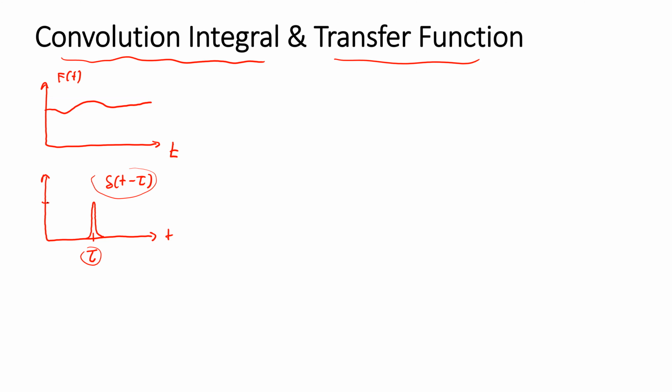But by definition of the delta function, what we can know is the integral from minus infinity to infinity of a Dirac delta function, the area under the plot, gonna equal 1. But we don't know the peak of the delta function.